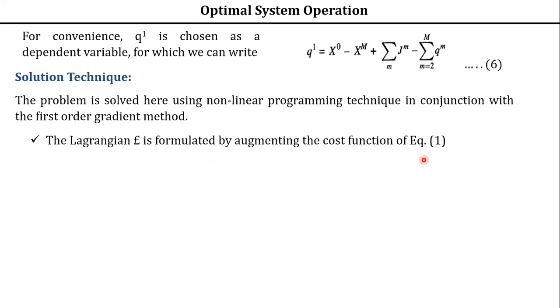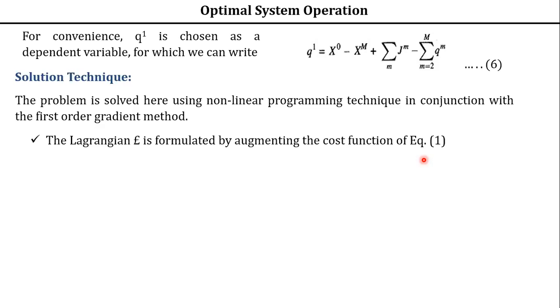What is your equation 1? It is the cost function, isn't it? You might have taken screenshots of this. So this equation 1 is your cost function, and we have to augment this cost function in addition to your constraints.